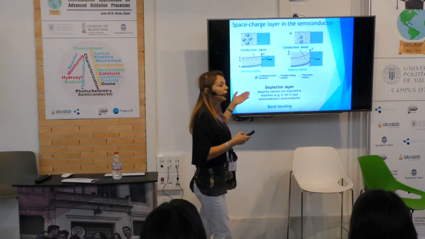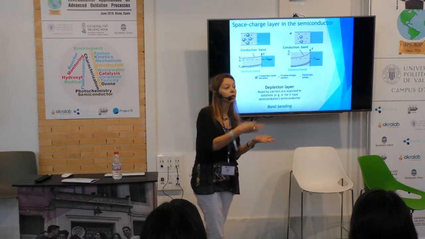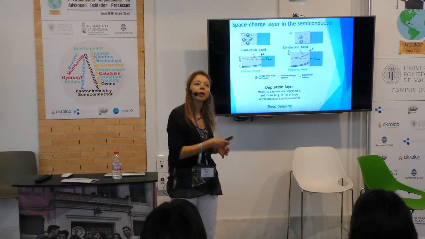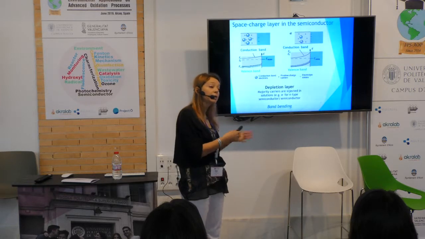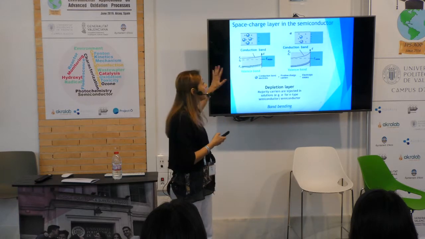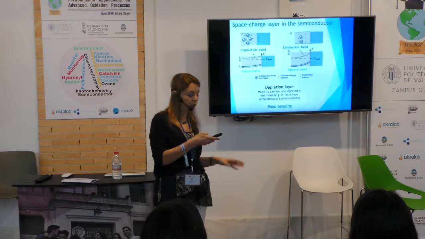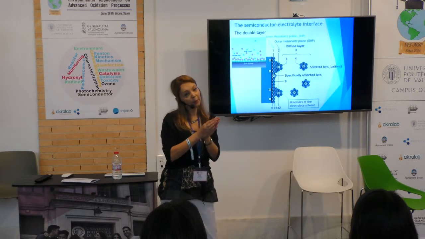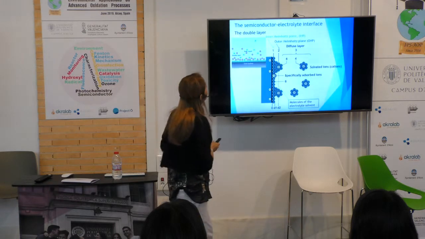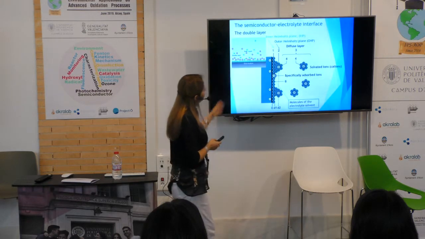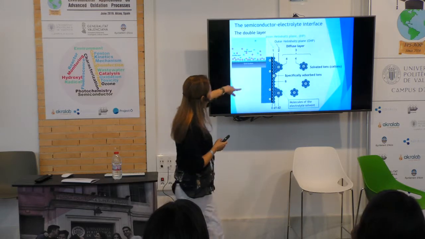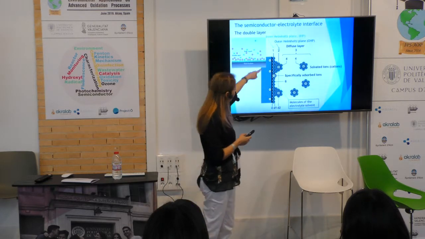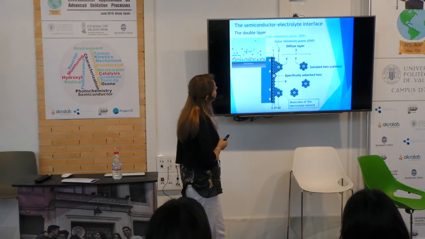This happens every time we put a semiconductor in contact with an electrolyte, and what happens in the different cases is strongly related to the charge that we have in solution. If we look in depth at what happens in this double layer, we can recognize a picture like this. We consider the case in which we have an excess of negative charge at the interface.